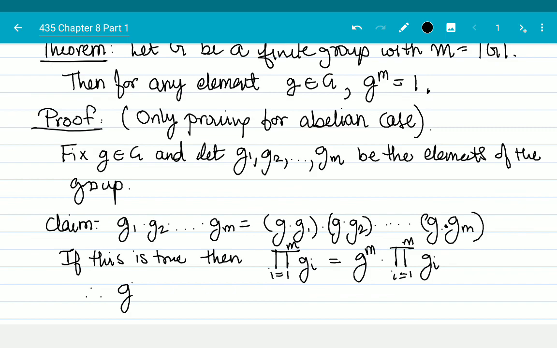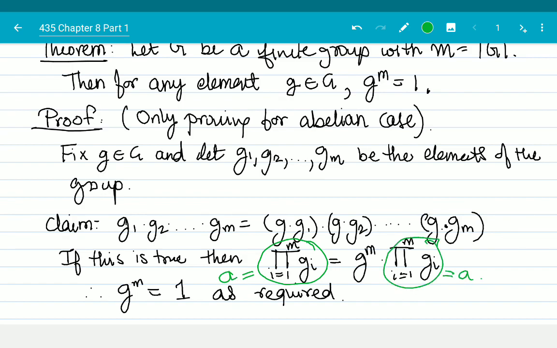Therefore g to the m is equal to 1 in the group, as required. Because we have shown that the only element which satisfies the property that if I call this entire thing A, then g to the m times A is equal to A, therefore g to the m has to be equal to 1.